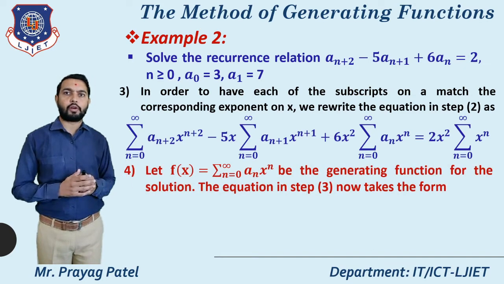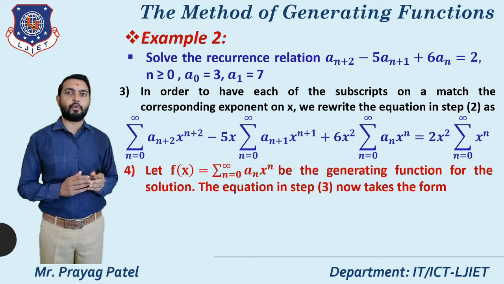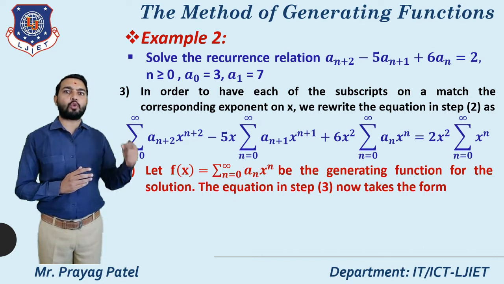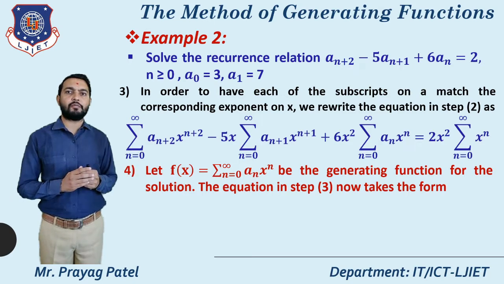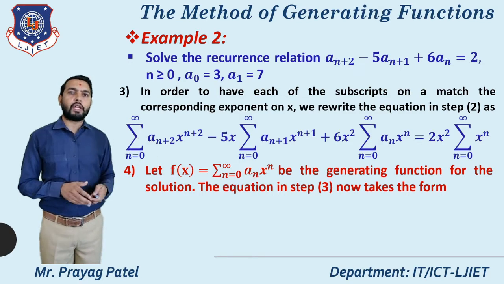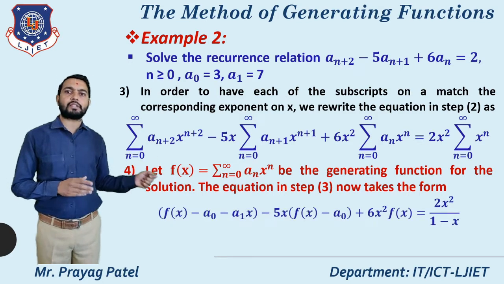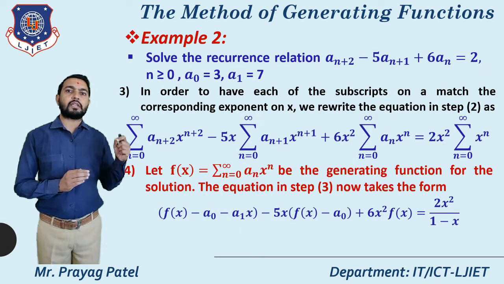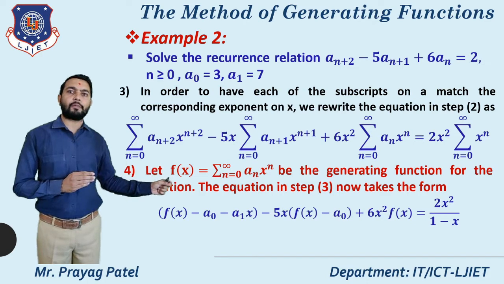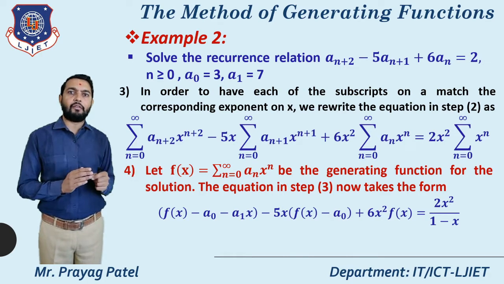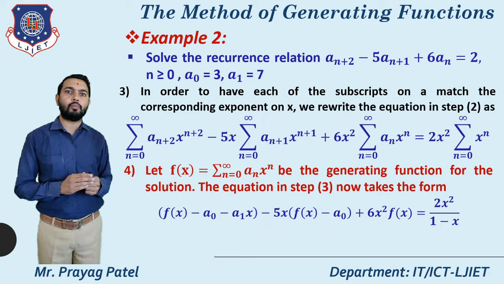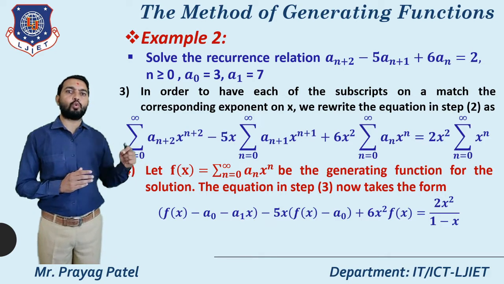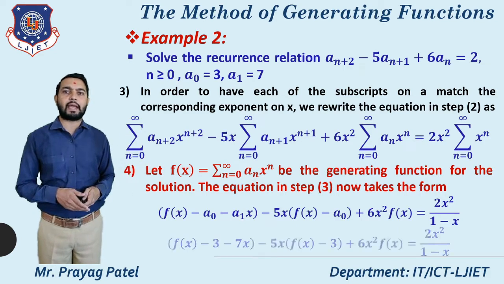Now step number 4. We know the common formula f of x equal to sigma n equal to 0 to infinity a(n) x raised to n. We are generating the function for the solution. So equation 3 becomes like this: f of x minus a0 minus a1x, minus 5x into f of x minus a0, plus 6x square into f of x is equal to 2x square divided by 1 minus x.